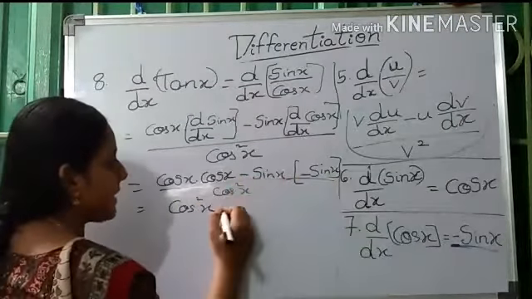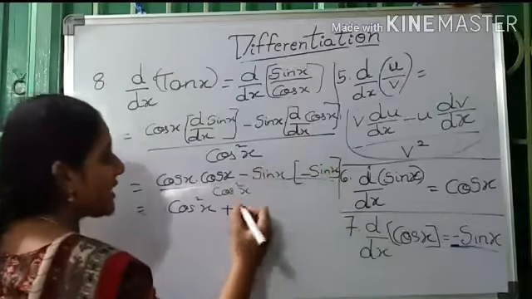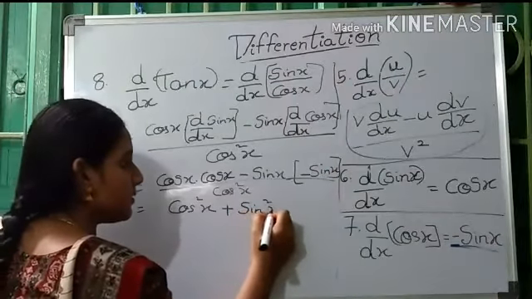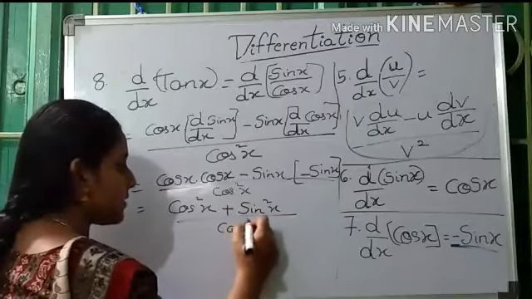Minus into minus is plus, sin x into sin x, sin square x by cos square x.